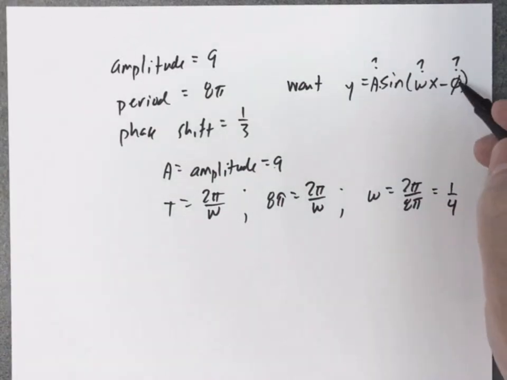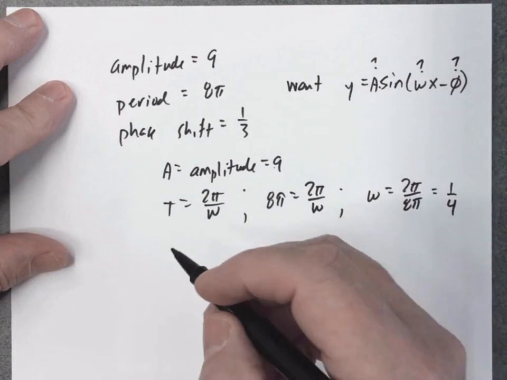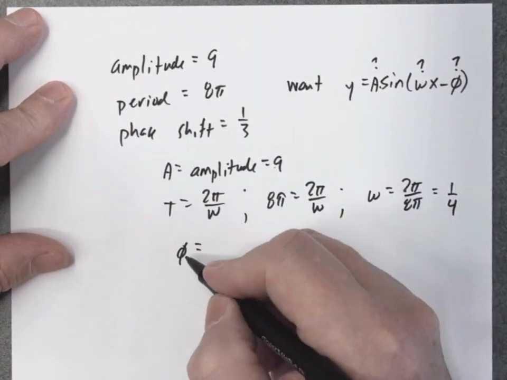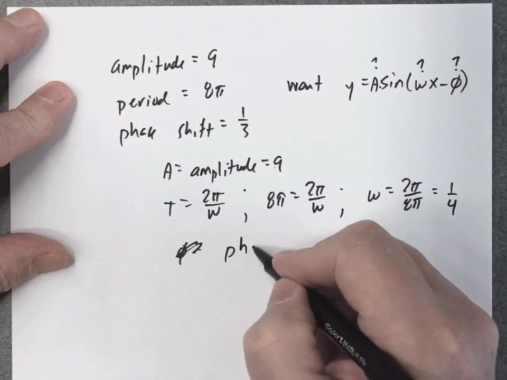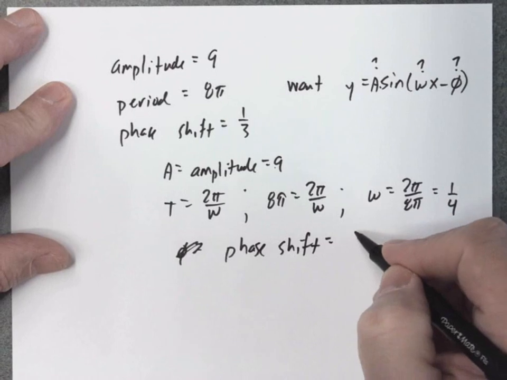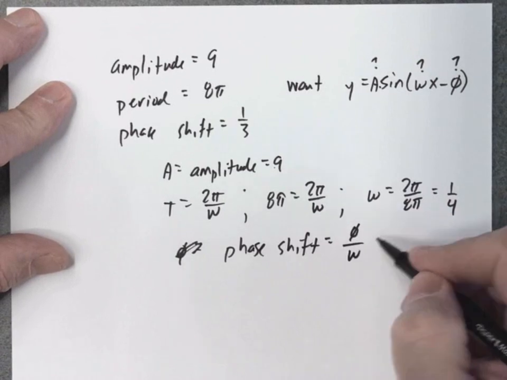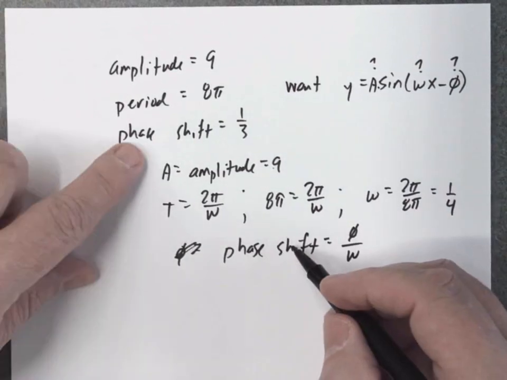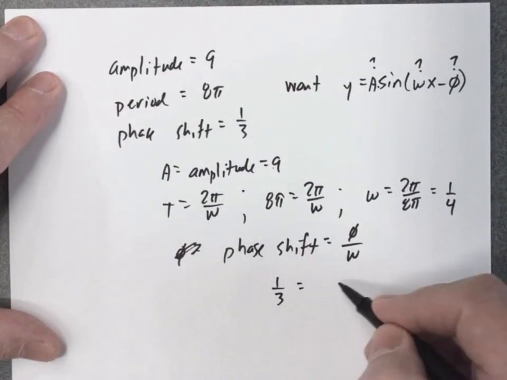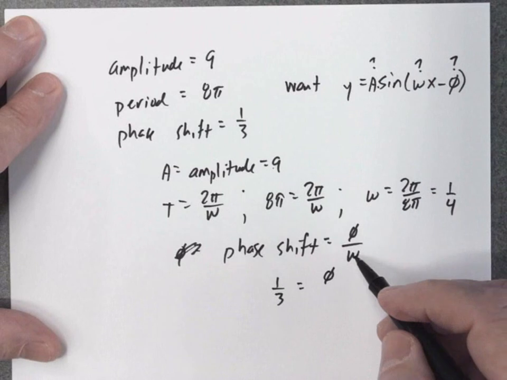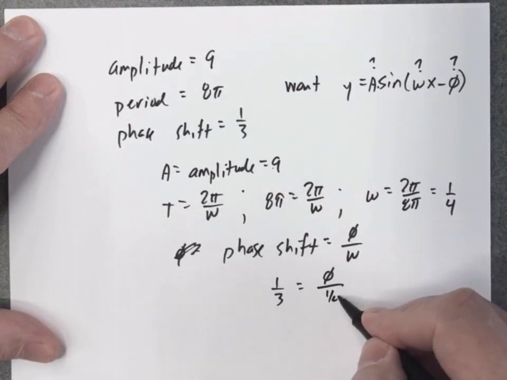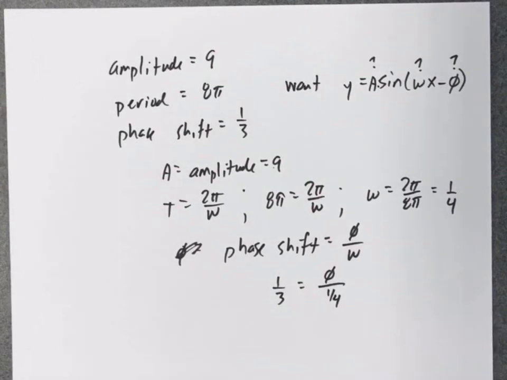So I've got two of them. Now I need to figure out what phi is. We know the phase shift equals phi over omega. But I know the phase shift. They give me the phase shift. I have just calculated omega in the previous step to be 1/4. So now I can figure out phi.